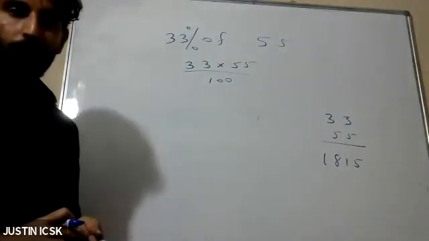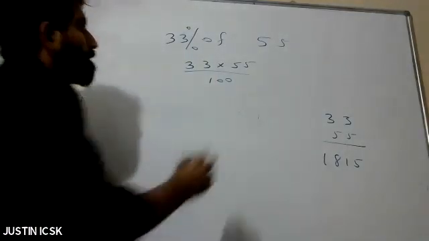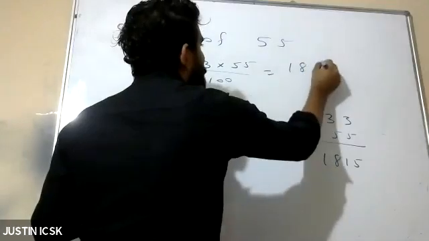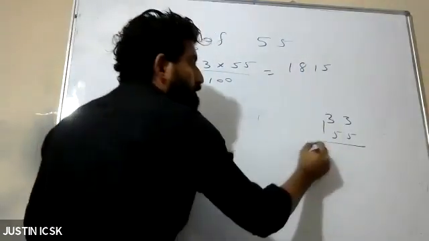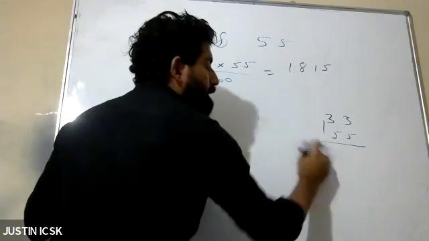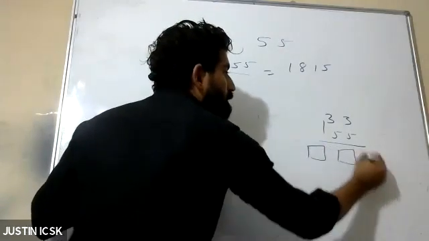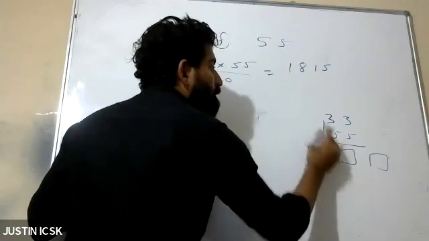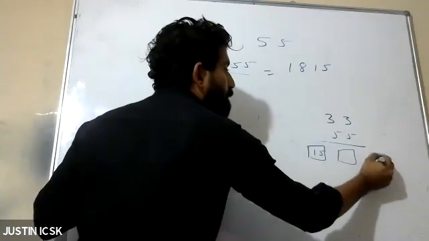You are getting 1815. First box 15, we are doing with the box, right? First 15, here also 15.